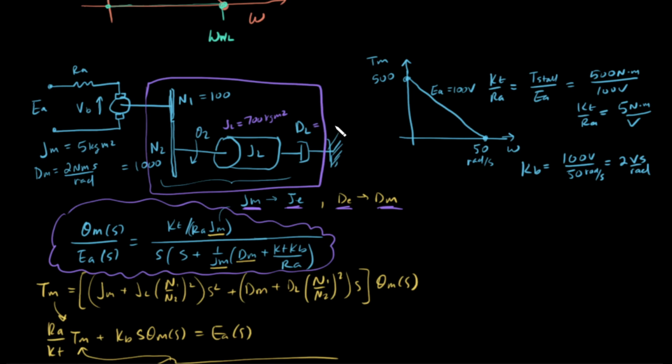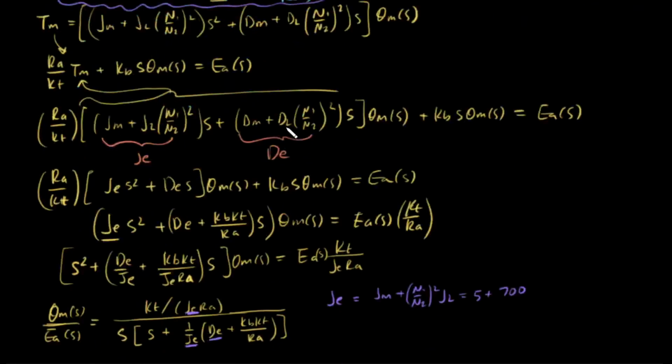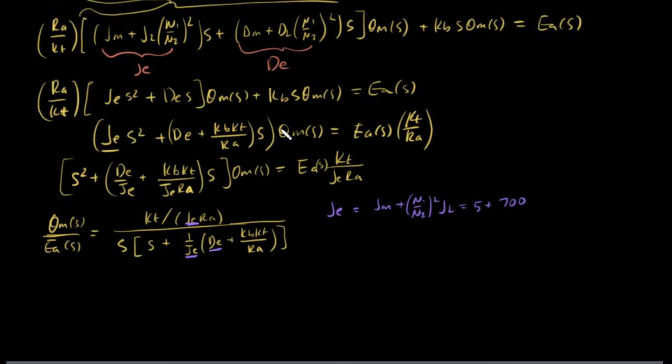DL is equal to 800 Newton meter per radian per second. And I think that's all of our numbers that we needed. So if we plug those in, 700 times 100. N1 is 100, N2 is 1,000, so we have 0.1 squared, so it's 0.01. So this is just 5 plus 7, which is 12.